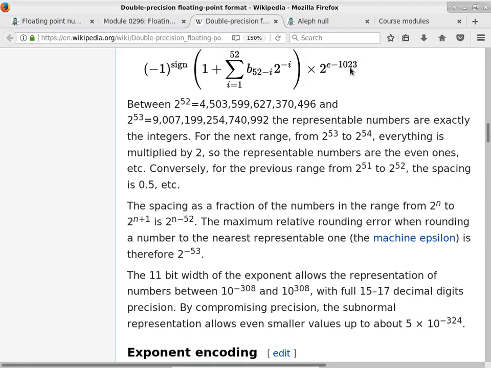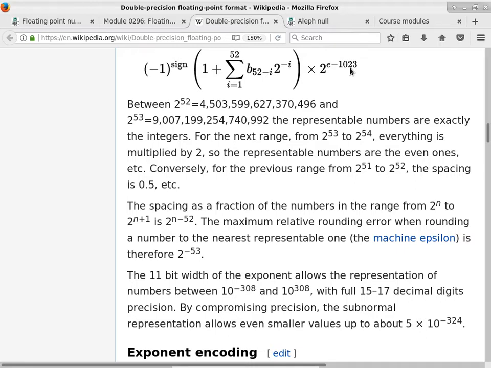That e itself can range from 0 to 2047, which means e minus 1023 can go all the way down to negative 1023 and all the way up to 1024. So the magnitude is as fine as 2 to the power of minus 1023.